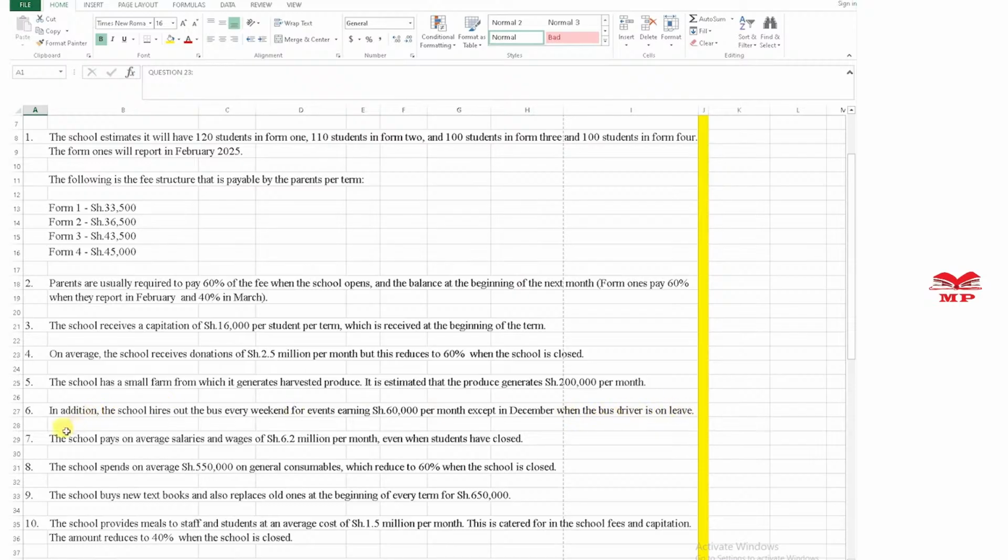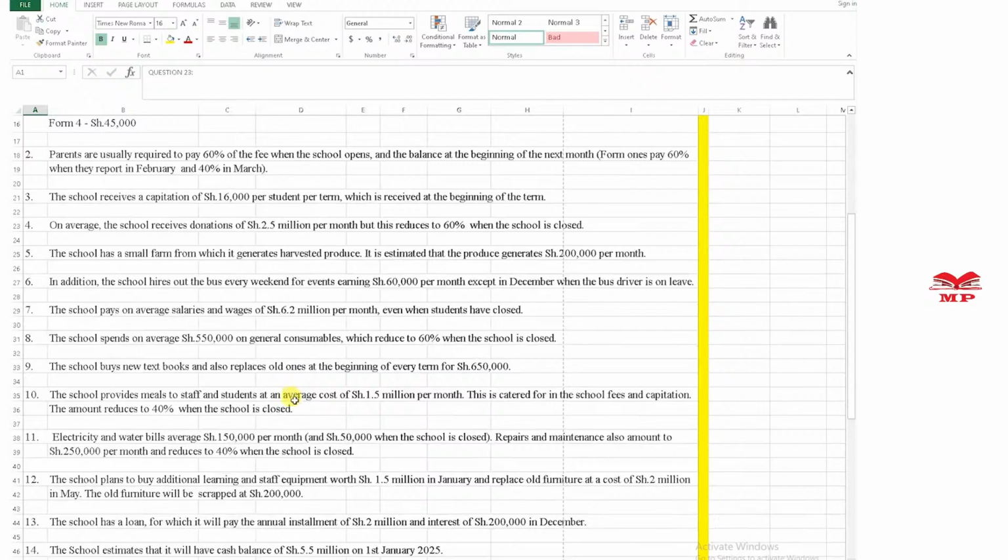Number 7, the school pays on average salaries and wages of 6.2 million per month, even when the students have closed. Number 8, the school spends on average 550,000 on general consumables, which reduce to 60% when the school is closed.